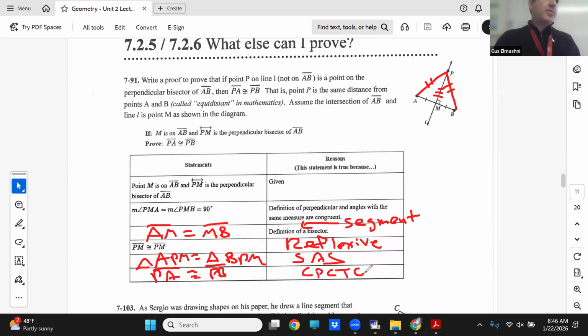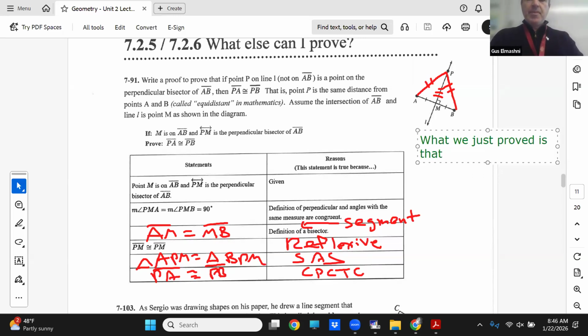So why do we do this? What was the reason for this? Here's the reason for it. What we just proved is that any point on a perpendicular bisector is of equal distance to the endpoints.